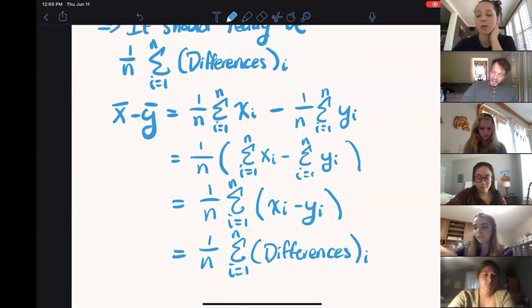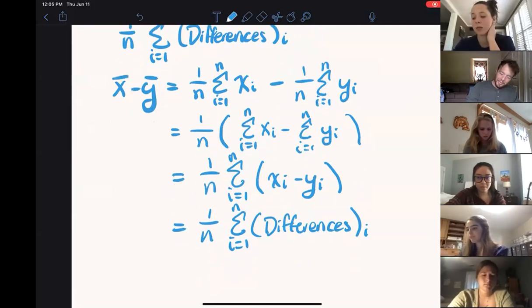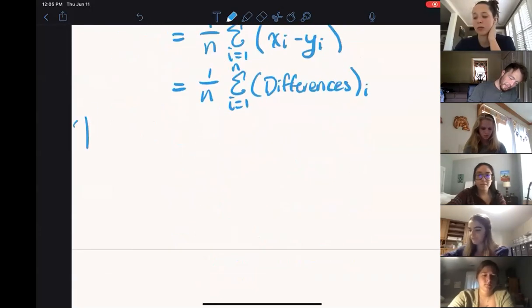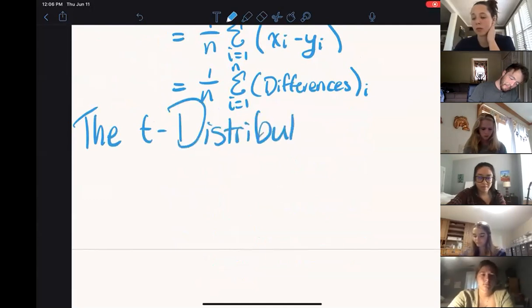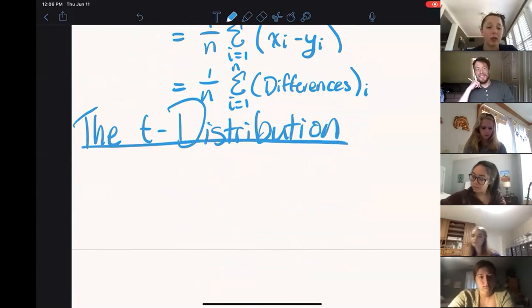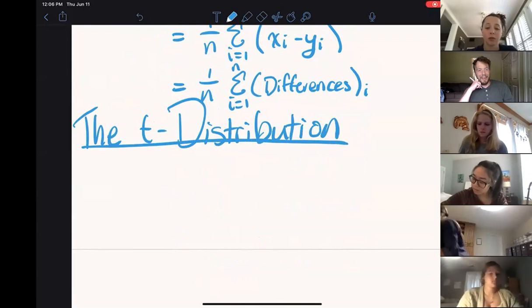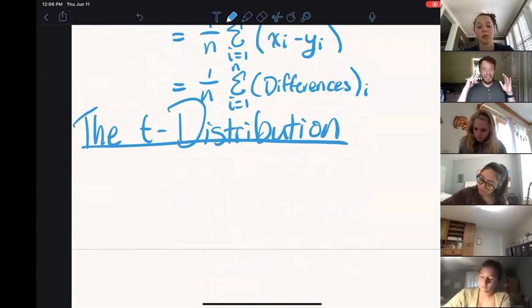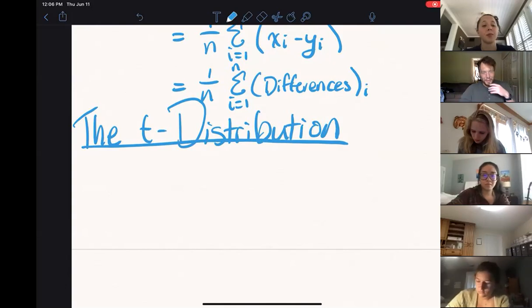Nice. So let's talk about this new fun thing, the t distribution. Have any of you ever heard the phrase t-tests? I assume that's something a lot of us have at least heard, and maybe also done a few of them.